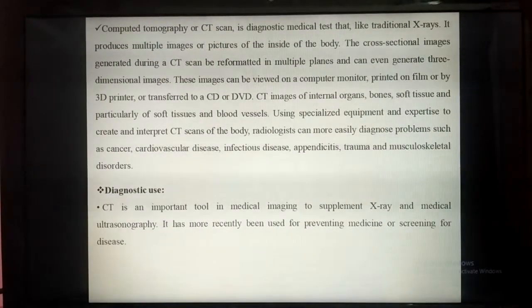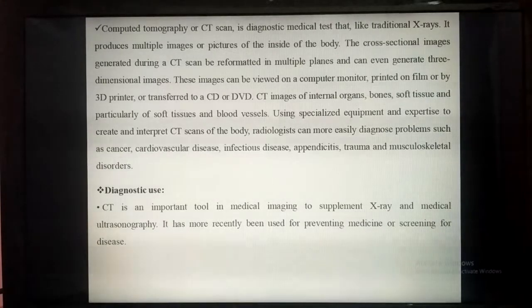Computer tomography or CT scan is a diagnostic medical test that, like traditional X-rays, produces multiple images or pictures of the inside of the body. The cross-sectional images generated during a CT scan can be reformatted in multiple planes and can even generate three-dimensional, 3D images.